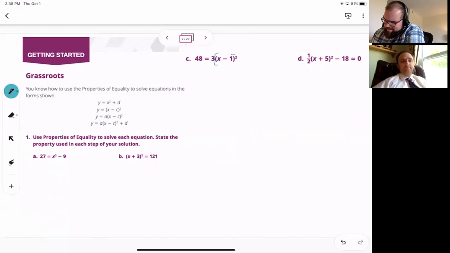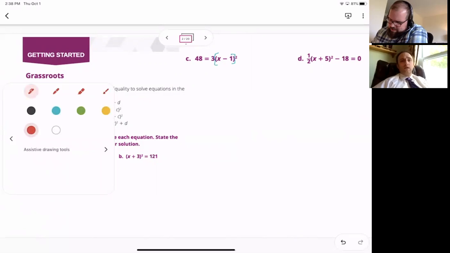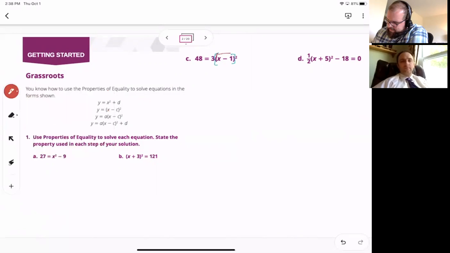So I'm trying to get this x minus 1 that's stuck inside the squared by itself. And to do that, I'm going to pretend that it's just not there for a second. I'm going to make this a box and color in the box so I can't even see what's there for a second. So you're saying this is kind of like the equation 3x equals 48.